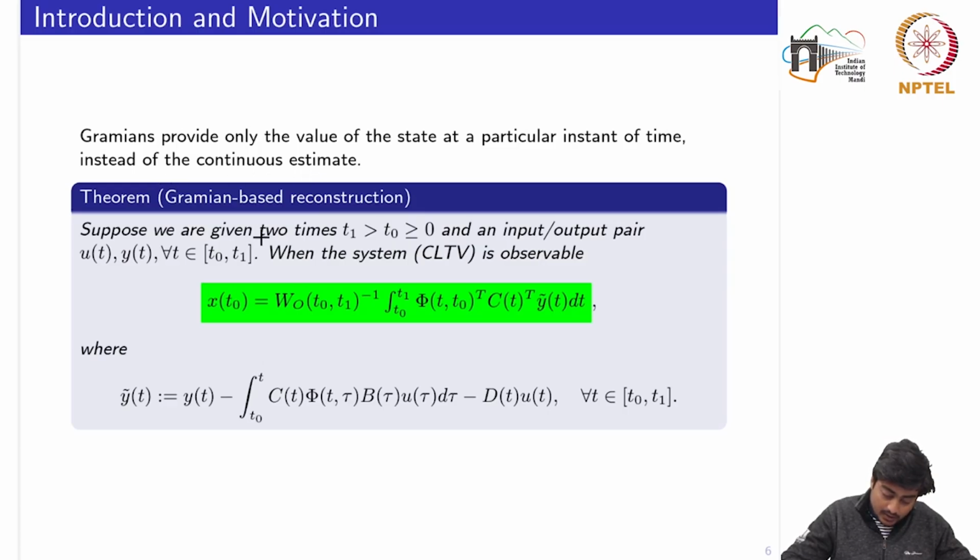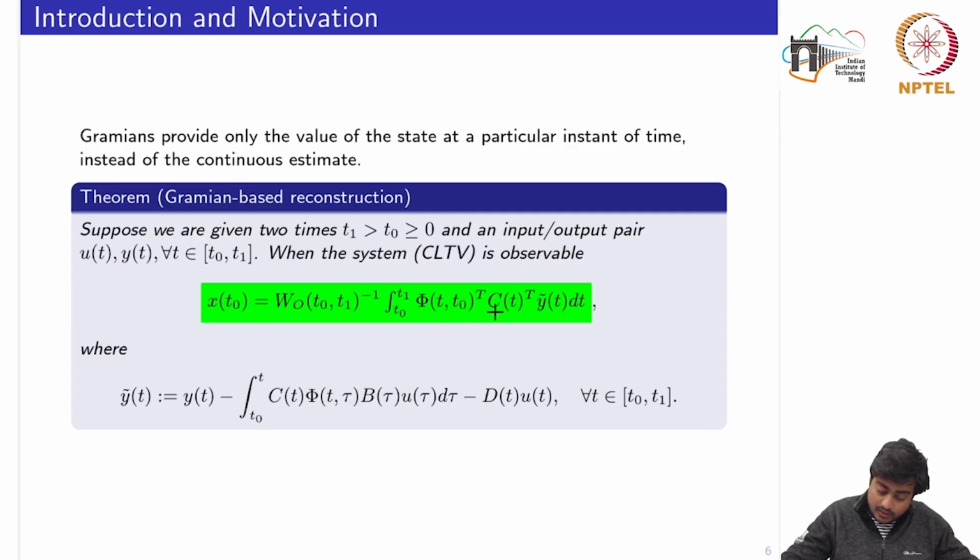This was the theorem we had discussed: given the data during the time interval t naught to t1, we computed x of t naught as the inverse of the observability Gramian multiplied by this integral, where we need the information of the state transition matrix, which we can compute.